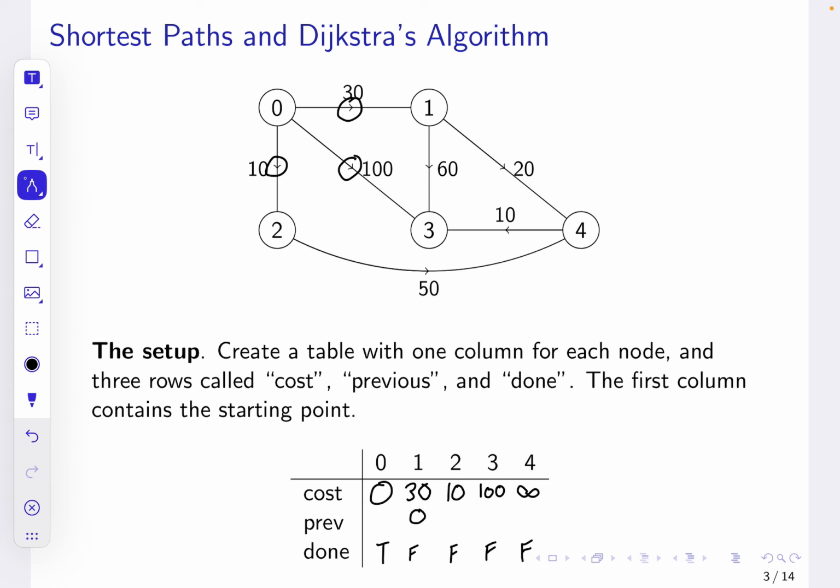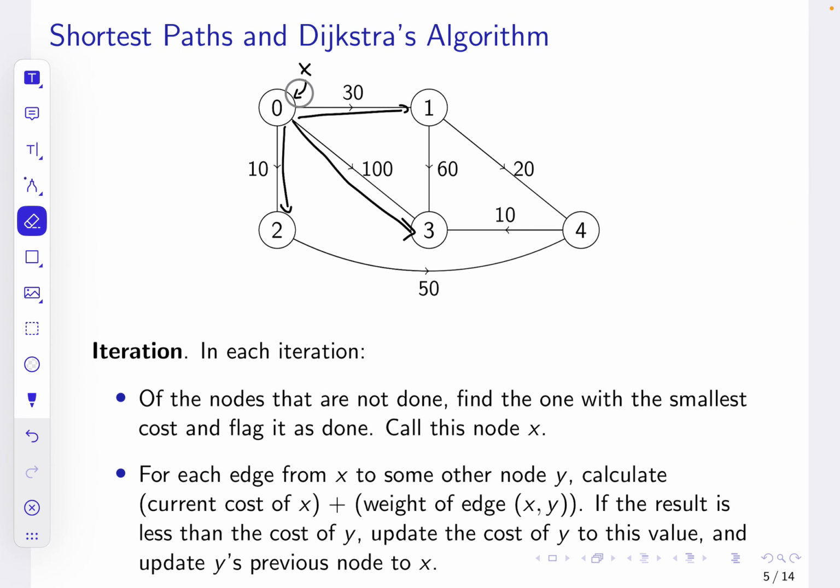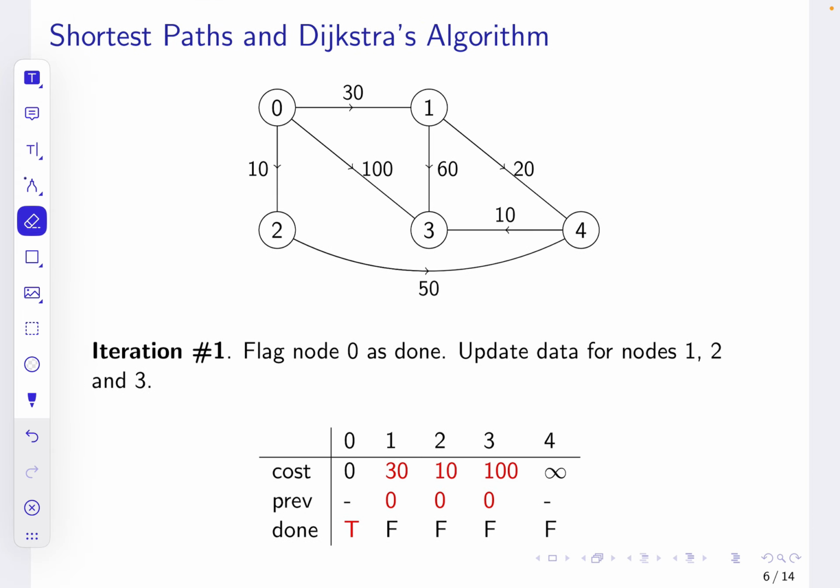For each of these, we got there from node 0. So we say that the previous node for all of these is node 0. So that's the result of iteration 1. We've flagged node 0 as done and updated data for nodes 1, 2, and 3.